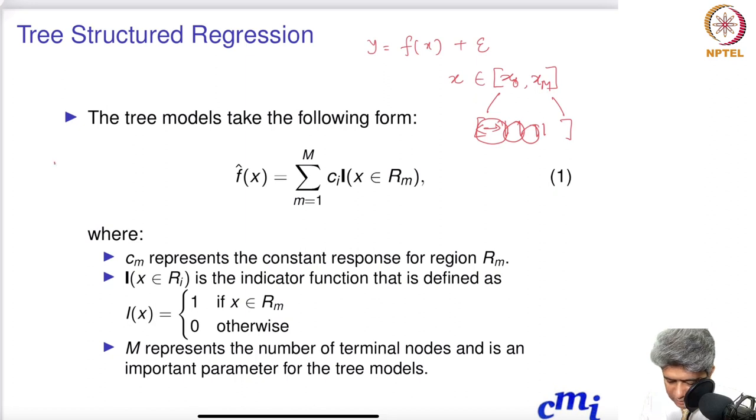Basically you want f hat of x plus epsilon, and in each part you come up with a constant response. That is what it is doing.